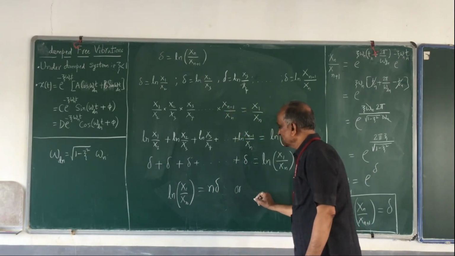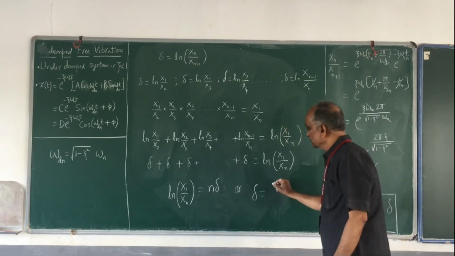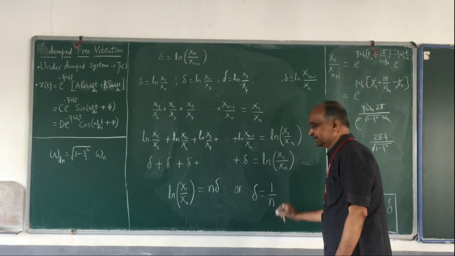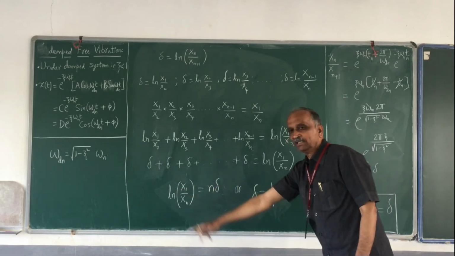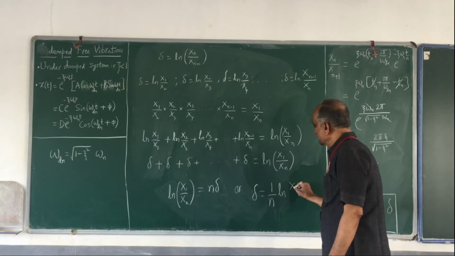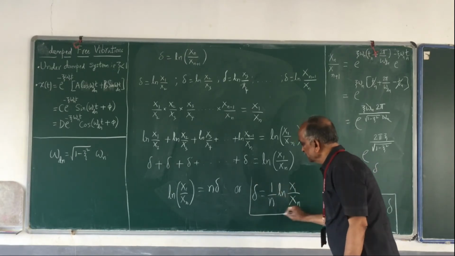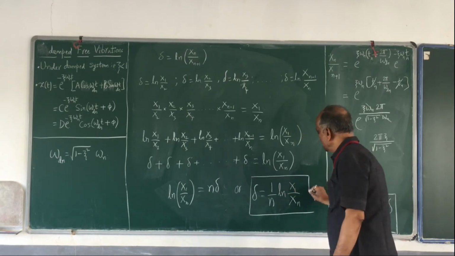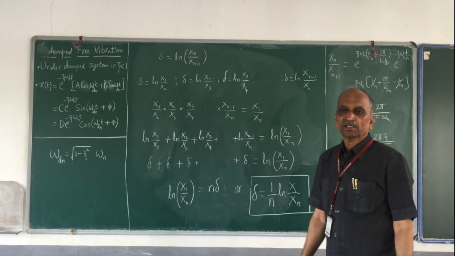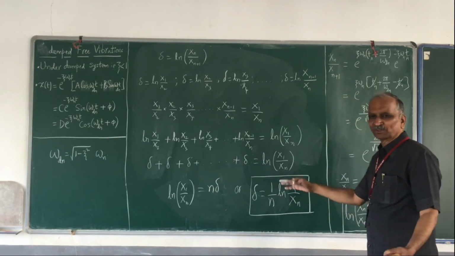Or the same thing can also be written as delta is equal to 1 upon n, taking that n to the other side, into natural log of x1 divided by xn. So this is what we call the expression for logarithmic decrement in different forms.